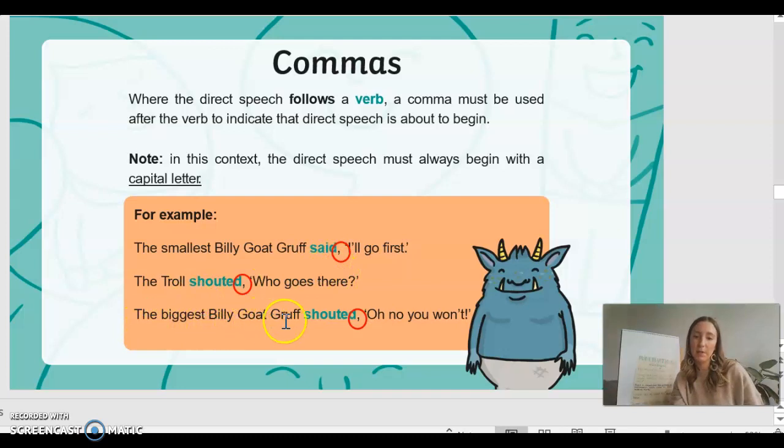The biggest billy goat gruff shouted, comma, open talking mark, oh no you won't, exclamation mark, close talking mark. So here you can see that if we're putting the information before it, there needs to be a comma and talking mark, and we notice that the talking then is in a capital letter. Okay, direct speech needs to be in a capital letter.